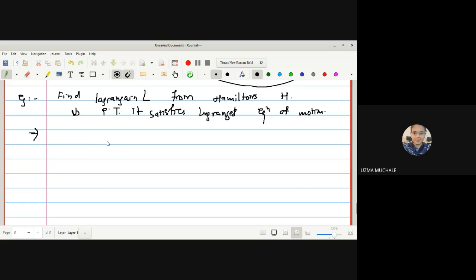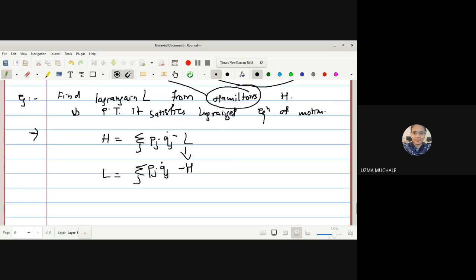We have to find the Lagrangian from the Hamiltonian. How did we define the Hamiltonian? Summation over j of pj qj dot minus L. So from this, how will you find the Lagrangian? L is equal to summation over j of pj qj dot minus H. Correct? From the Hamiltonian, you have to derive the Lagrangian.